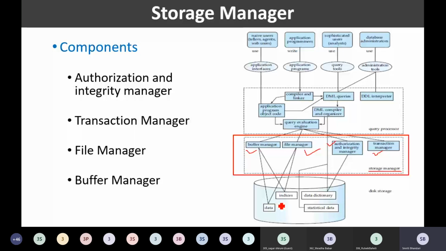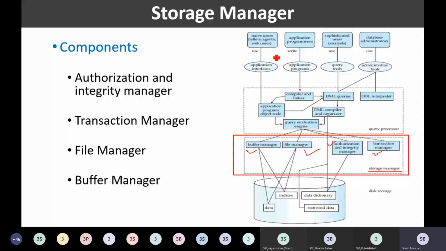Users use several functionalities to access this data, and they are provided with certain rights. For example, as we have seen earlier, if one of the users is a student, then the student is provided with certain rights.